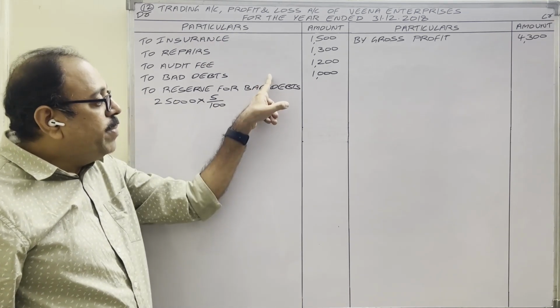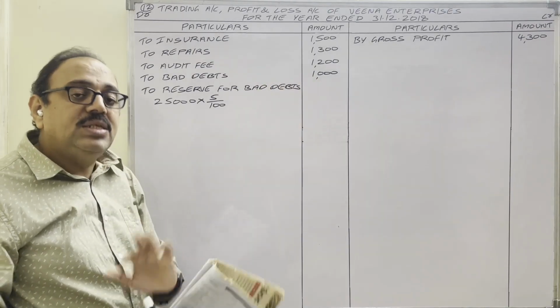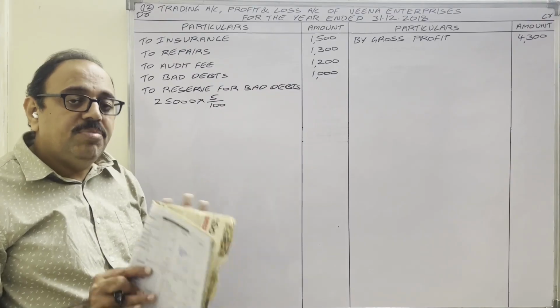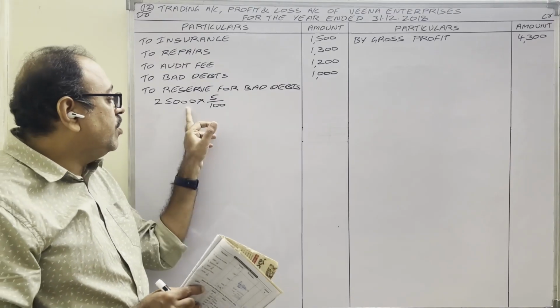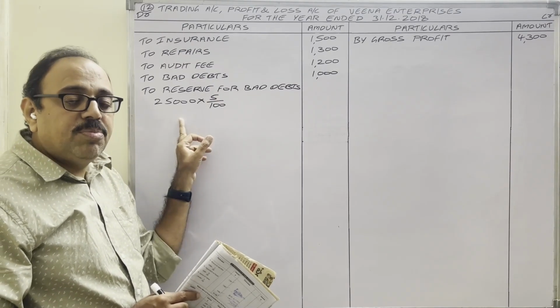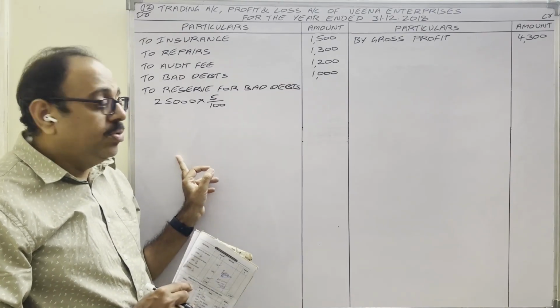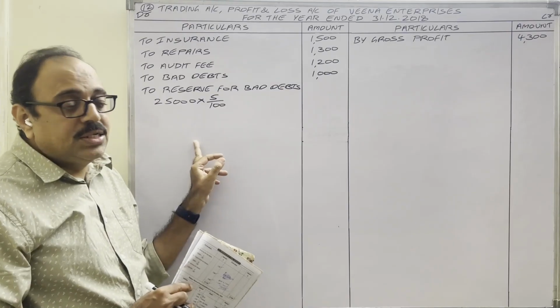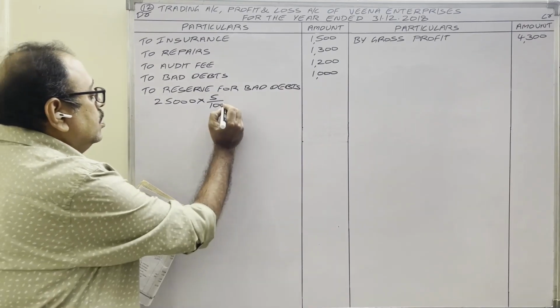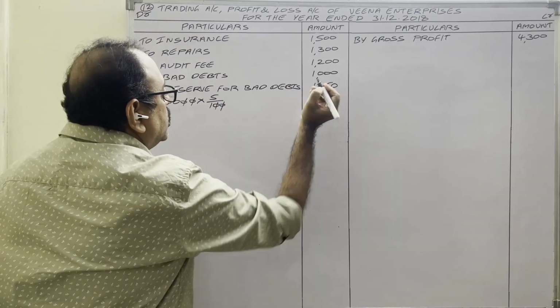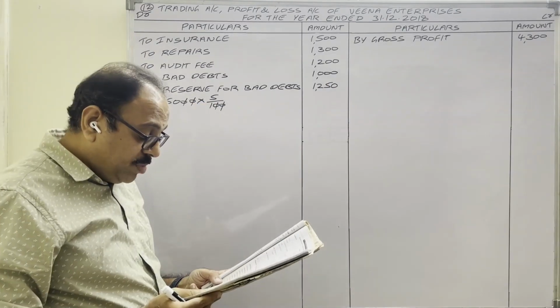Suppose this bad debt amount 1,000 is given in the adjustment, then that 1,000 is not yet deducted from debtors. So first from 25,000 that 1,000 we have to subtract. On 24,000, the remaining debtor value, this 5% we should calculate. $1,250. Bad debt is completed.